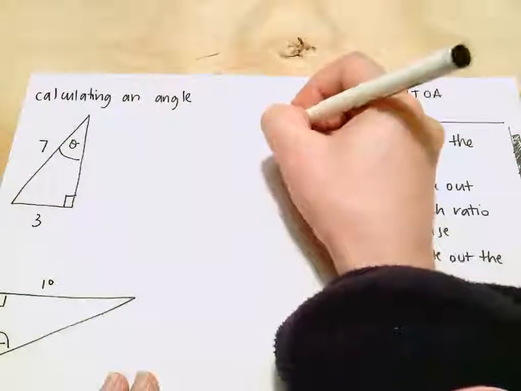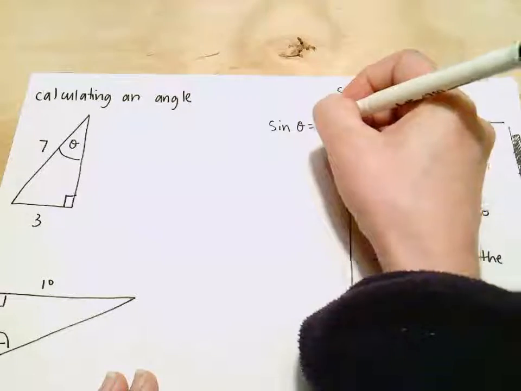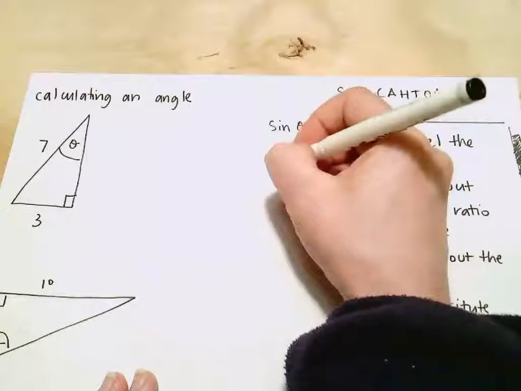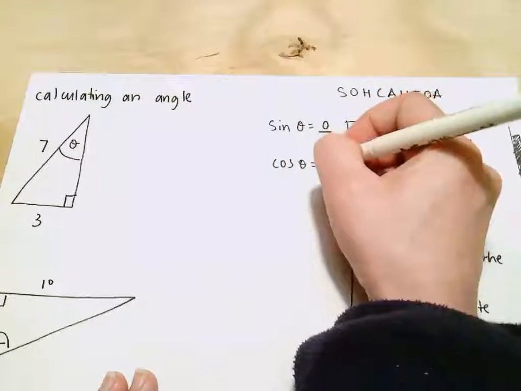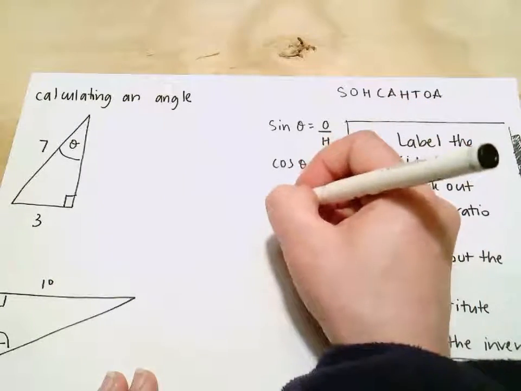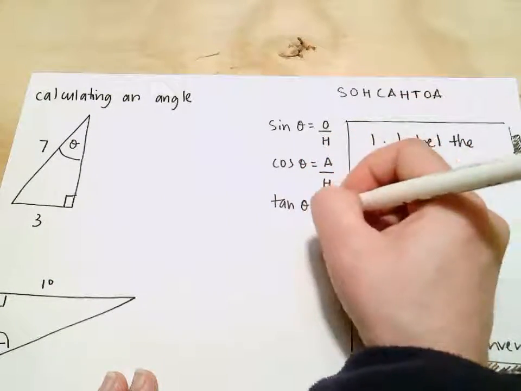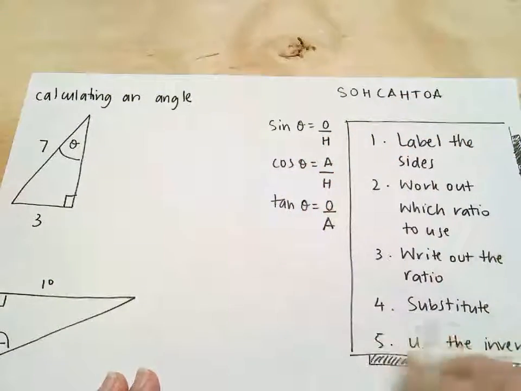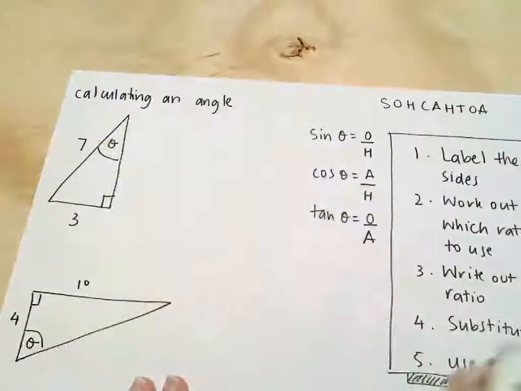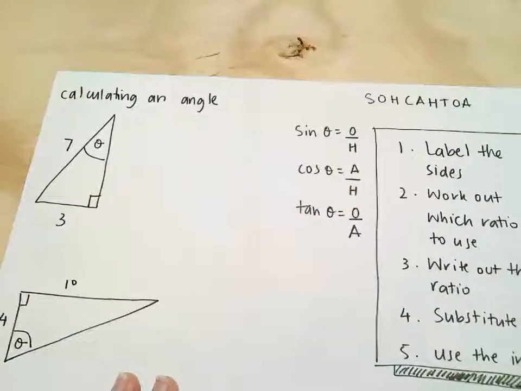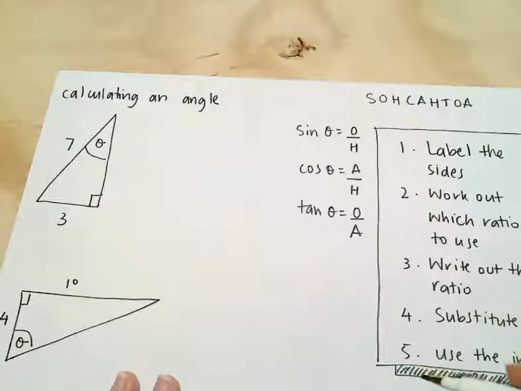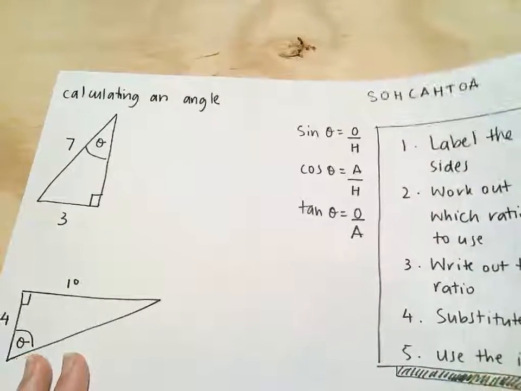So by that I mean you're going to write out sine theta equals opposite over hypotenuse, cos theta equals adjacent over hypotenuse, whichever one it is. Then you're going to substitute the values from your question into that formula. Finally, you're going to use the inverse function on your calculator, and I'll show you that in just a moment.